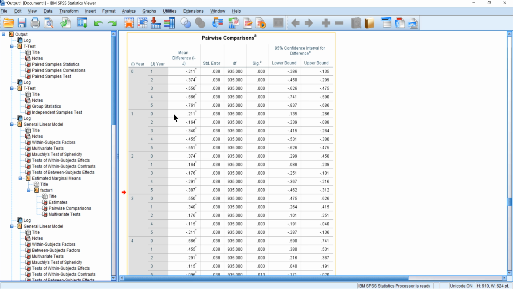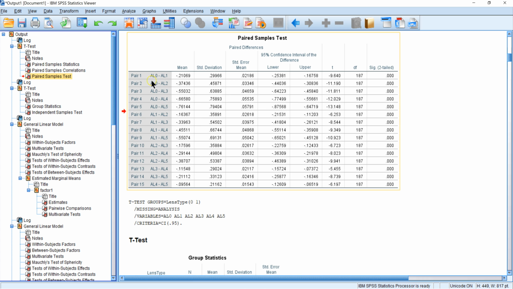It seems to me that if we're doing repeated measures, those are like doing a whole bunch of t-tests. So let's say we had a whole bunch of t-tests in which we look at AL0 versus 1, AL0 versus 2, 3, 4, 5, AL1 versus 2.